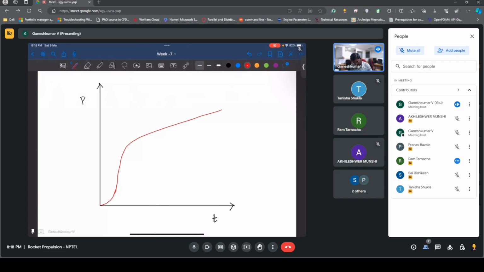It will be something like this, and then it will drop and become something like this. But we won't be able to capture everything here. The only thing we will capture here is this straight line, since it's a steady state approach.